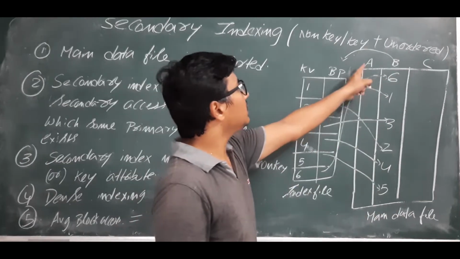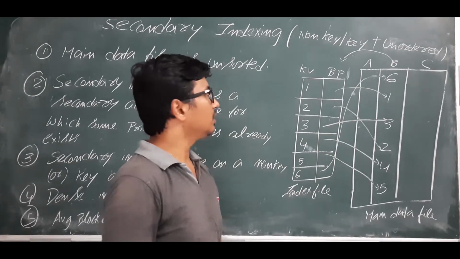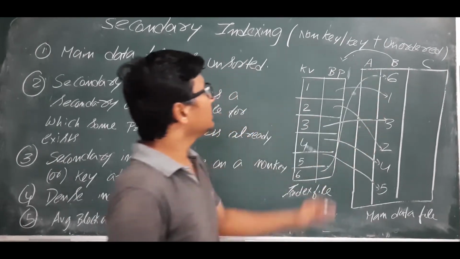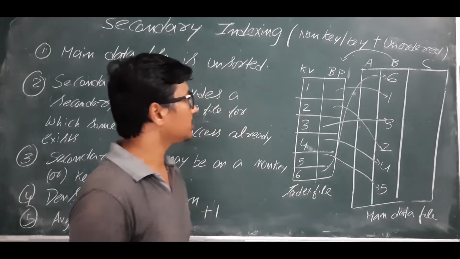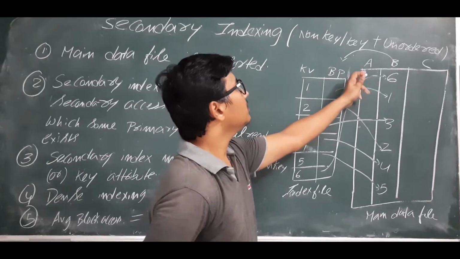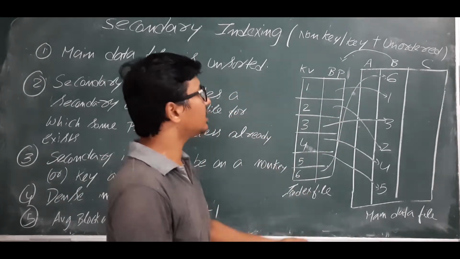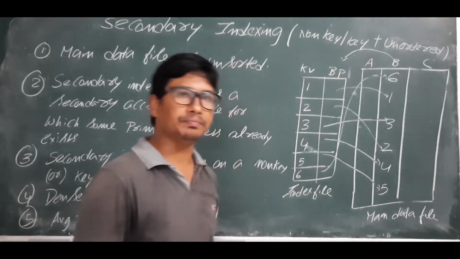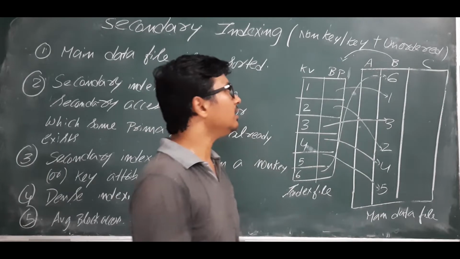Let's take that A is a primary key, B can be a non-key attribute, and C is some other attribute. Let's say a primary indexing is already there on the attribute A. Is it clear?